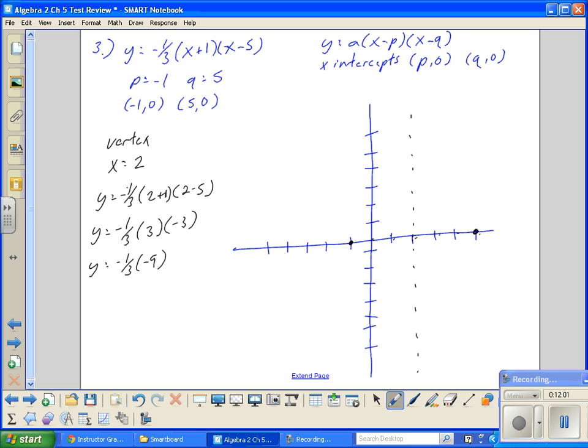Negative 1/3 times negative 9 is going to be 3. That means my vertex is going to be the point (2, 3), so up to 3 on that axis of symmetry. On these, I let you graph with just those 3 points, 2 intercepts and the vertex. So draw your curve through those 3 points, and we've got a graph.